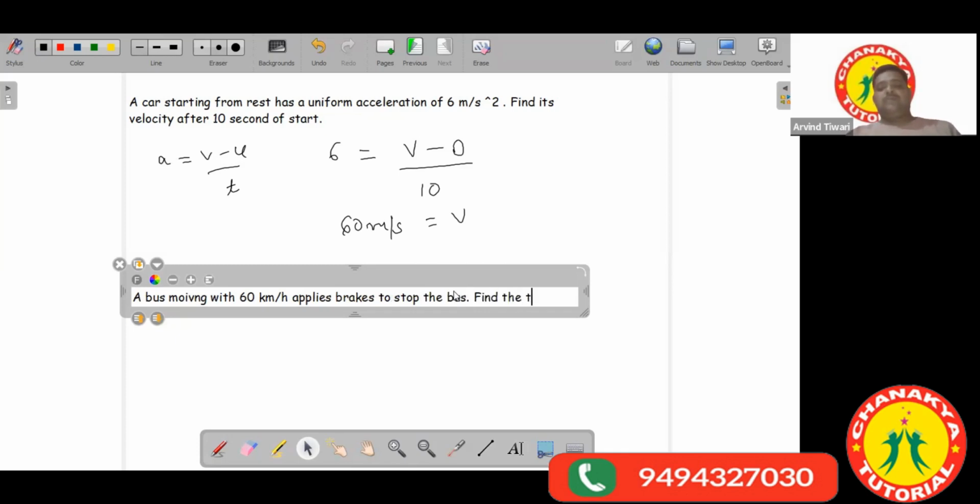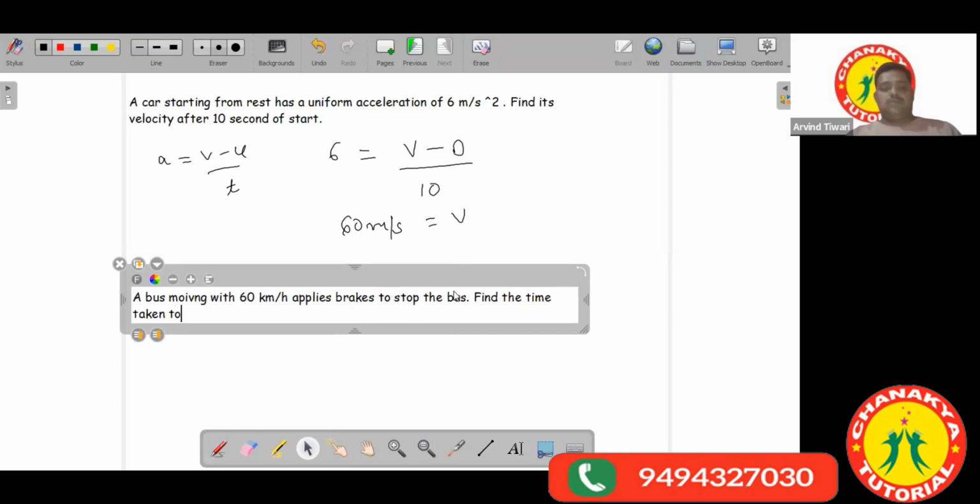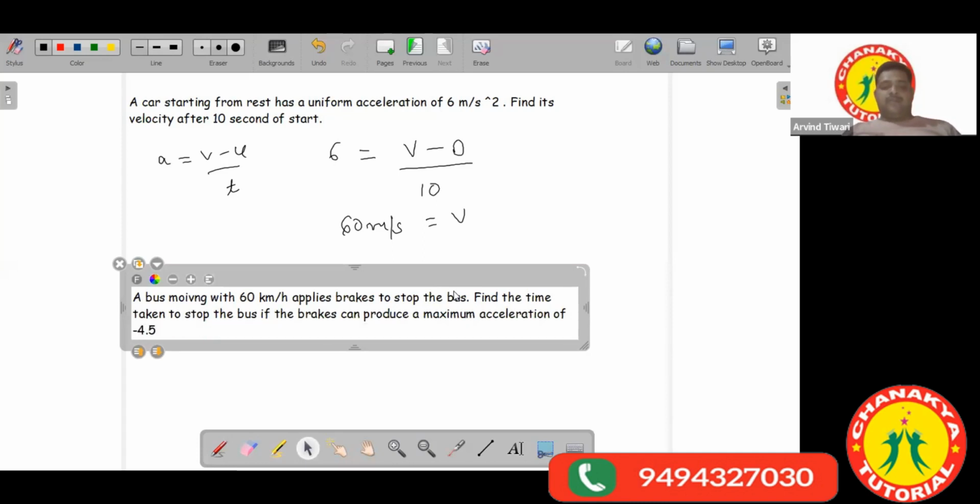Find the time taken to stop the bus if the brakes can produce a maximum acceleration of minus 4.5 meter per second square.